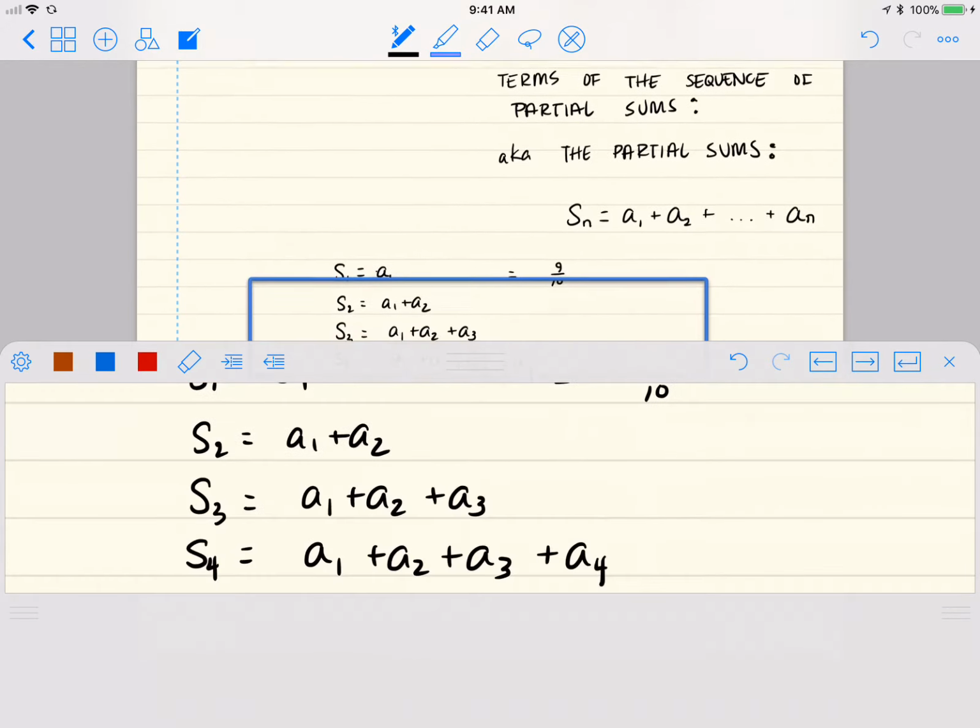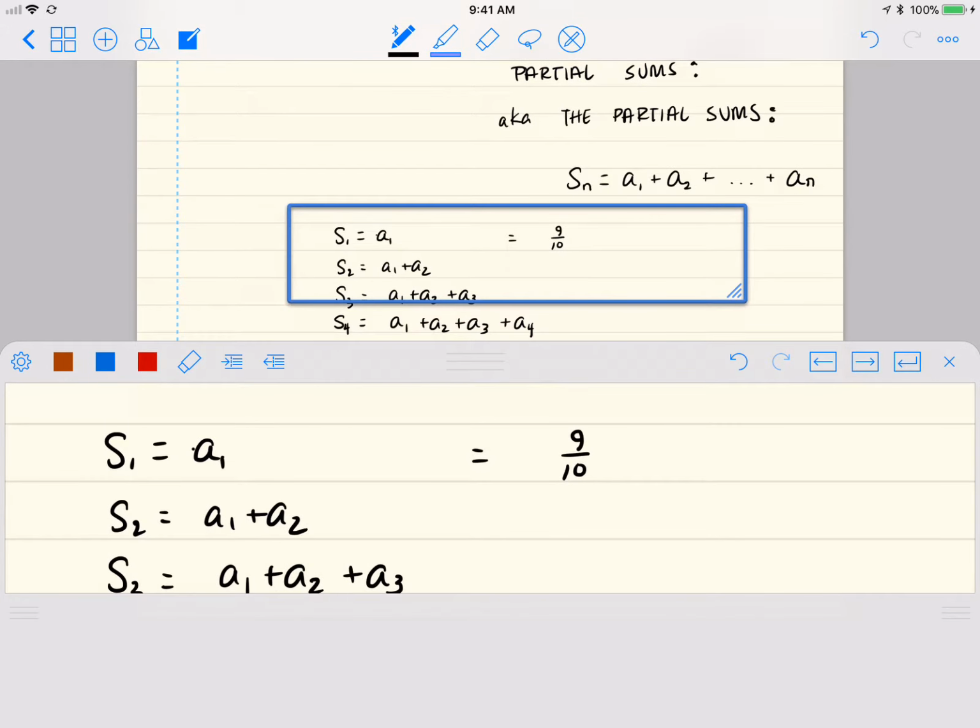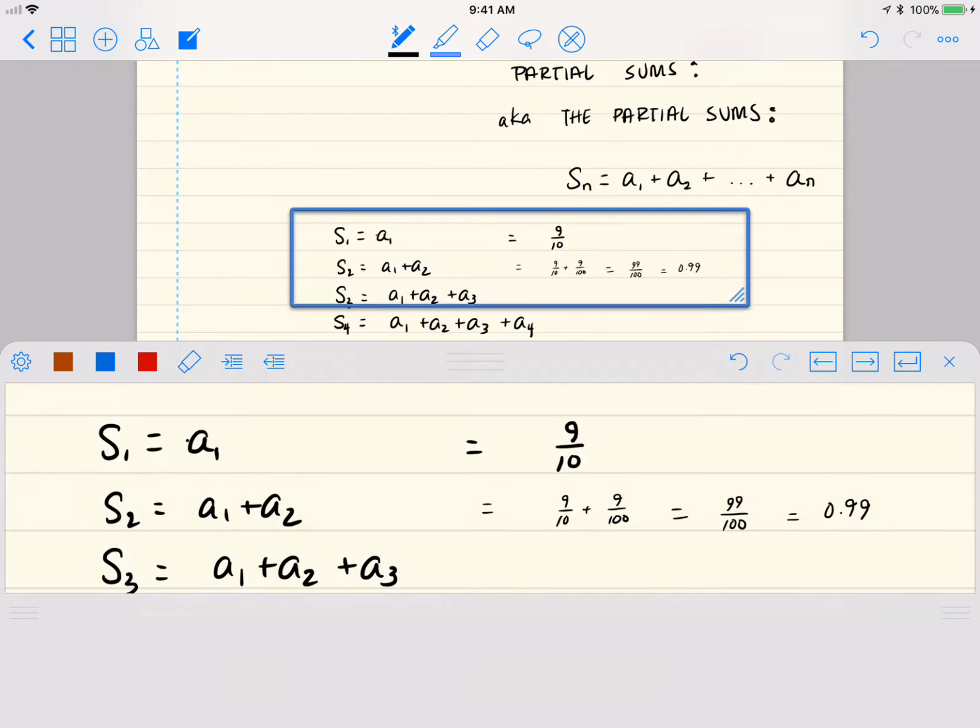So now when I come down here, S1 is just 9 over 10. S2 is 9 over 10 plus 9 over 100. And remember, we said that this is the same thing as 99 over 100, which is 0.99.